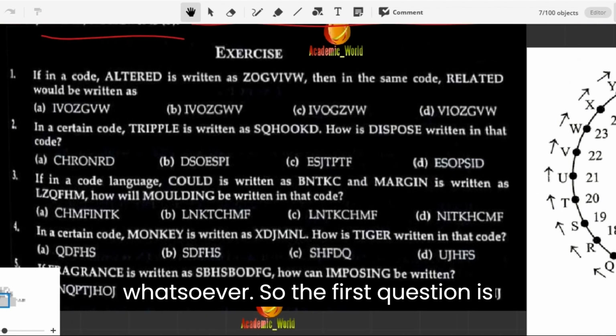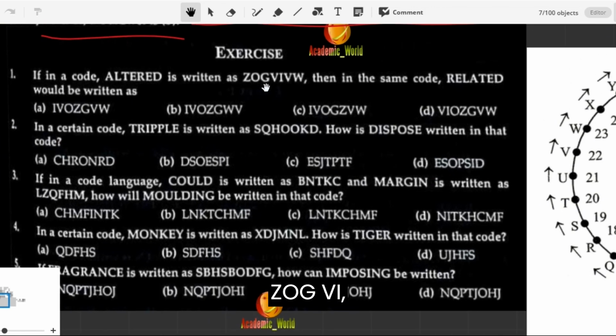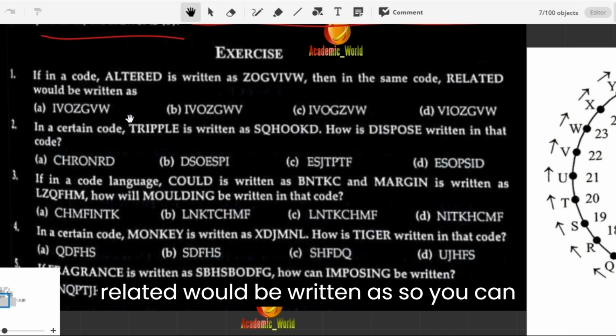The first question: if ALTERED is written as ZOGVIVW, then in the same way how would RELATED be written?